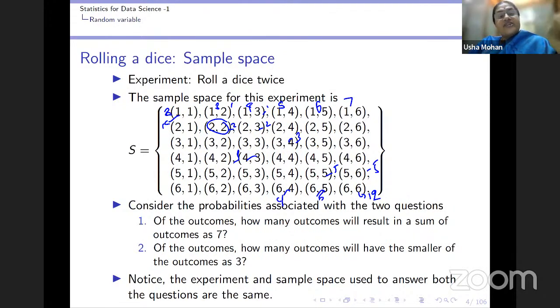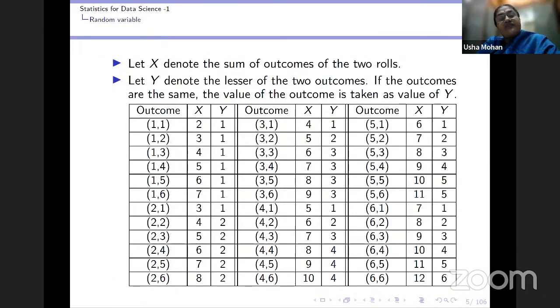Associated with every outcome, I have a value of X and Y. X is the sum of the outcomes. Y is the lesser of the outcomes. So associated with every outcome of the sample space, we have a value the random variables X and Y take.